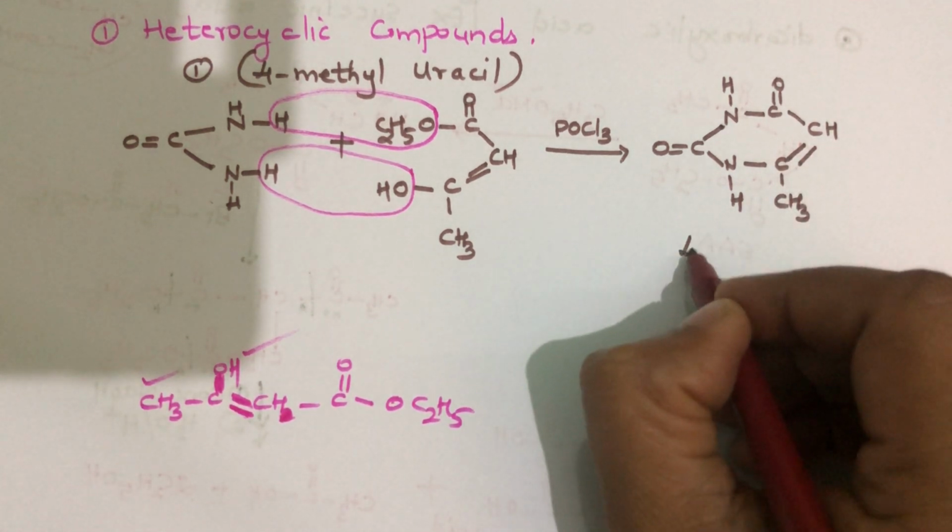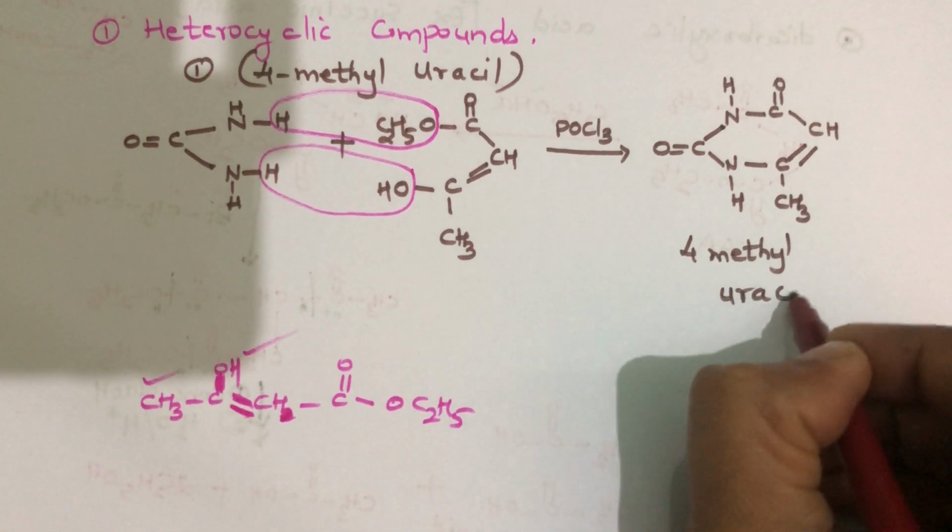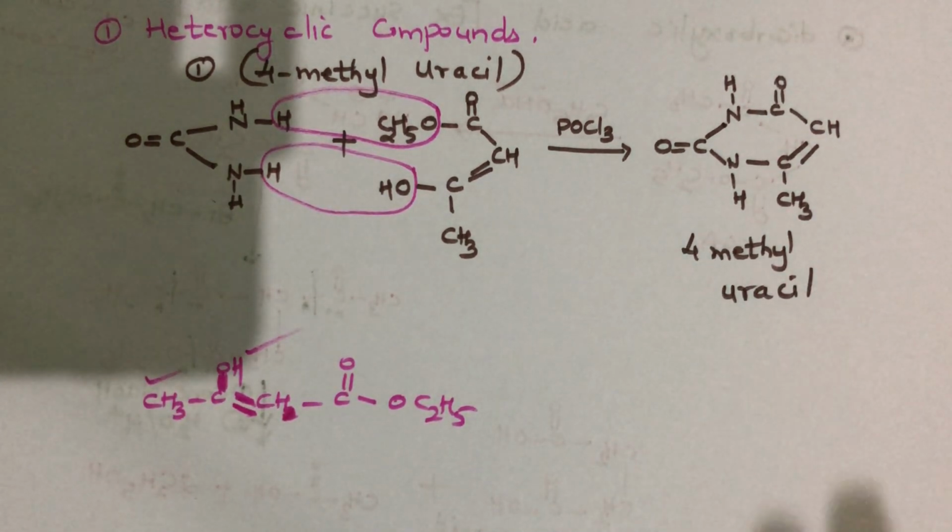So this is 4-methyl uracil. A simple method of preparation: when urea is treated with ethyl acetoacetate, the enol form undergoes condensation to give this compound.